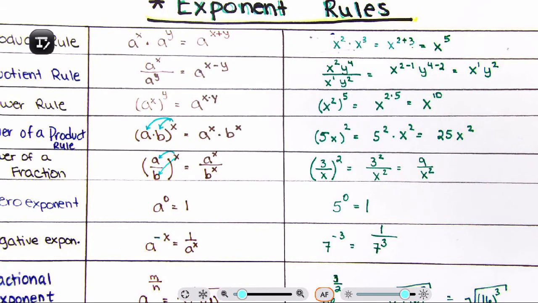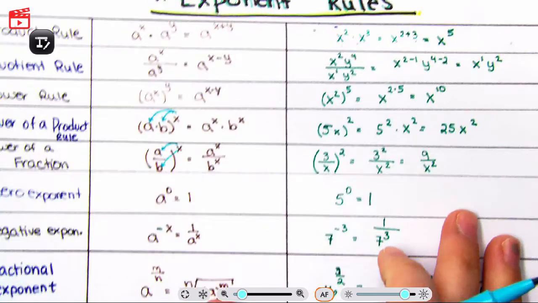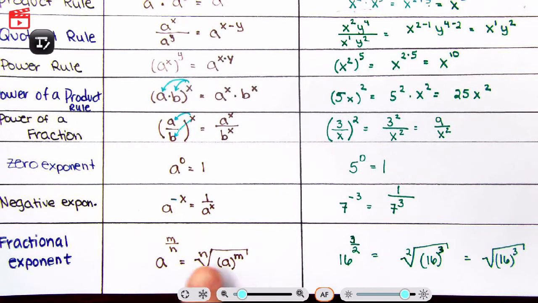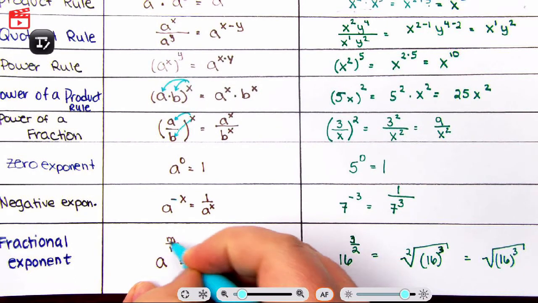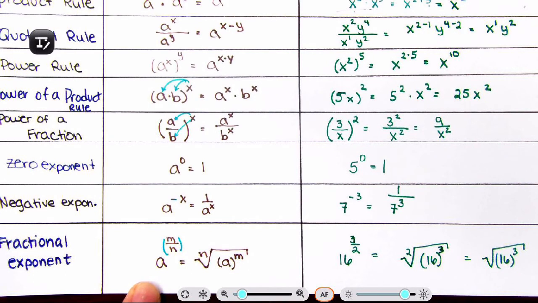The negative just means, put all of me inside of the denominator. And the last one we have is the fractional exponent. That's what we're doing when we're translating your radical into a rational exponent. You can go one way or the other, but make sure that you have your exponent m on top of your root n.